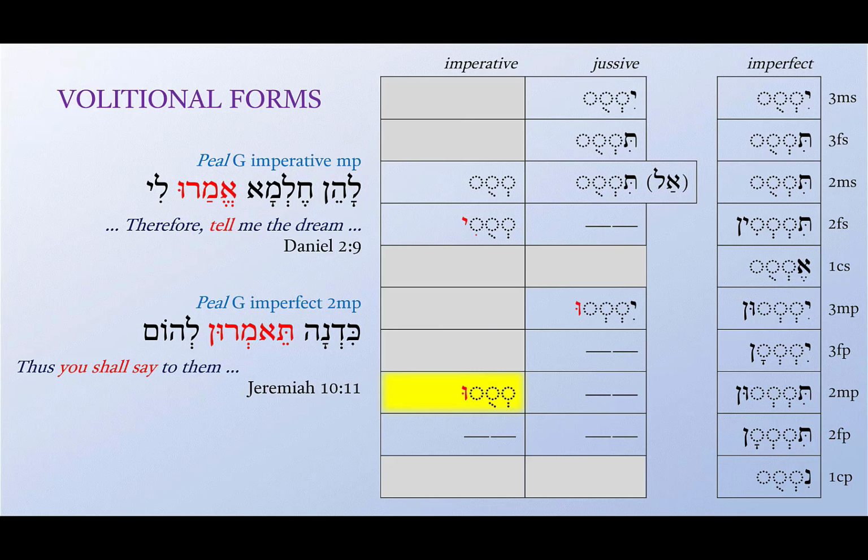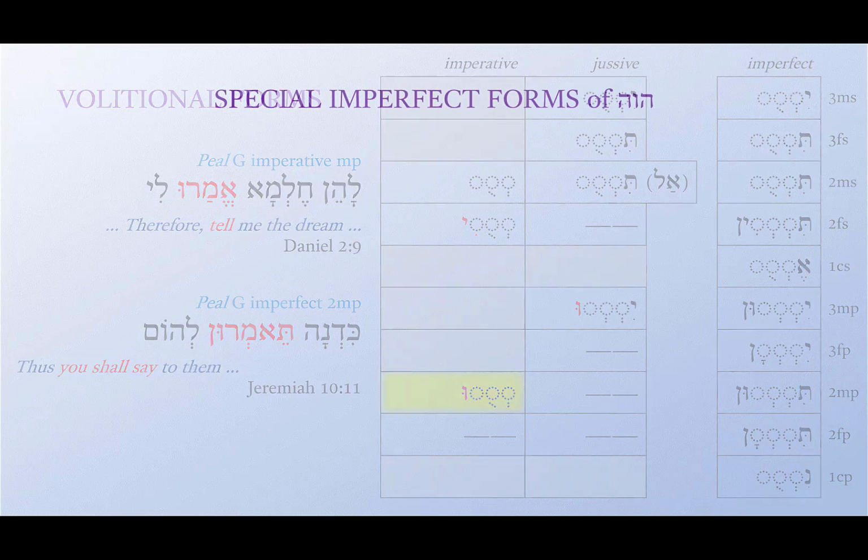So what have we learned from this so far? We've learned that the attested forms in biblical Aramaic of jussives and imperatives drop final nuns that would be necessary from imperfect verb forms. And the last subject is special imperfect forms of the hey vav hey verb.